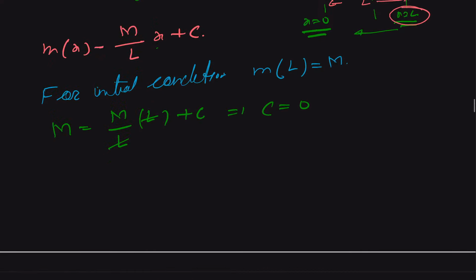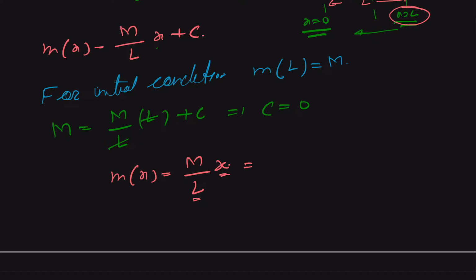It means the mass at a distance x, which we are calling m of x, is equal to m x upon L. Because x is a length and L is also a length, we can use this in terms of a ratio.